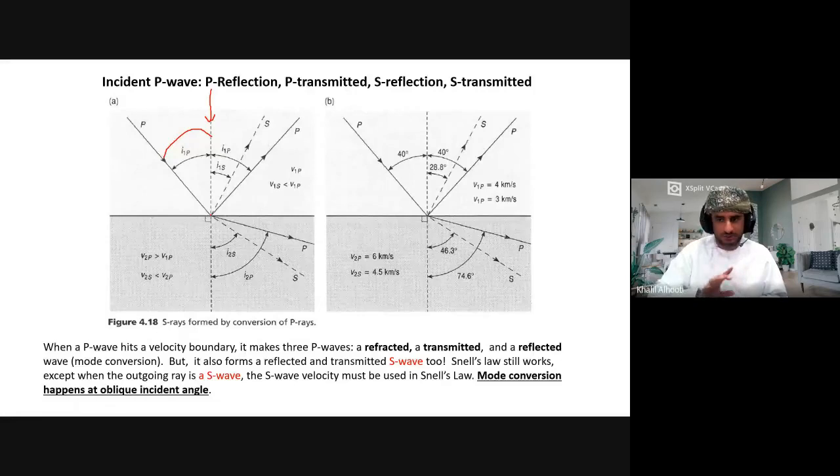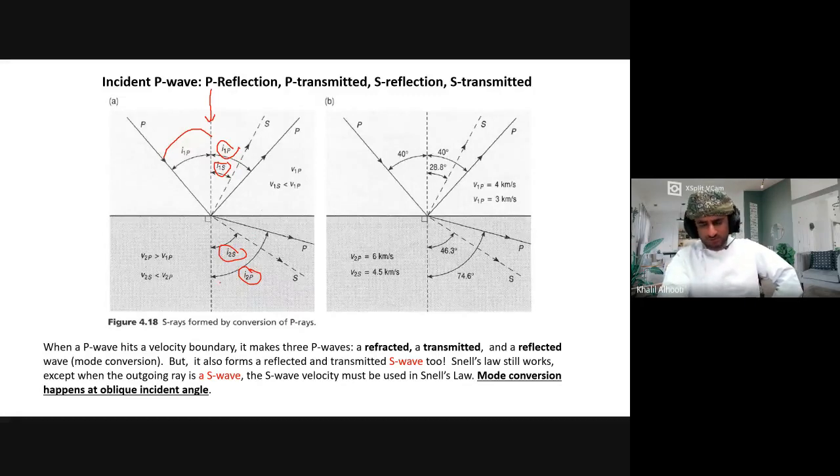At an oblique angle, as you see here, we'll have refraction into the second layer at a different angle than the incident angle. And it will also generate S wave. So this is a refracted S wave and also a reflected S wave, and the reflected P wave. It all depends on Snell's law.